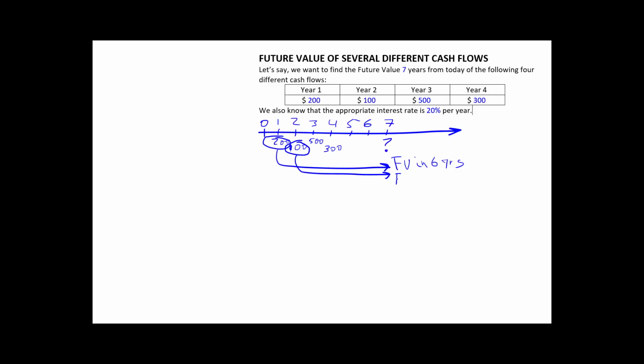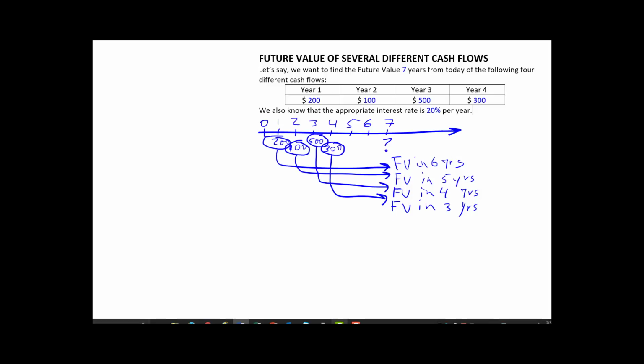So we need to find its future value in 5 years. Then $500, our third cash flow, will be earning interest over 4 years, between year 3 and year 7. So we need to find the future value in 4 years. And then the last amount of money, $300, will stay in the account and earn interest over 3 years. So we need to find its future value in 3 years.